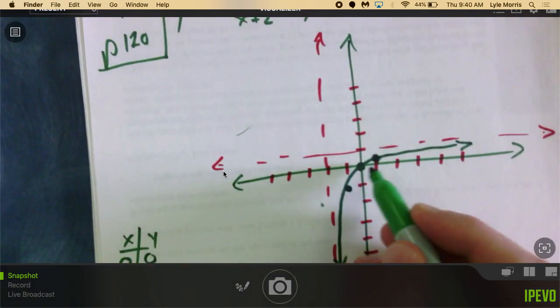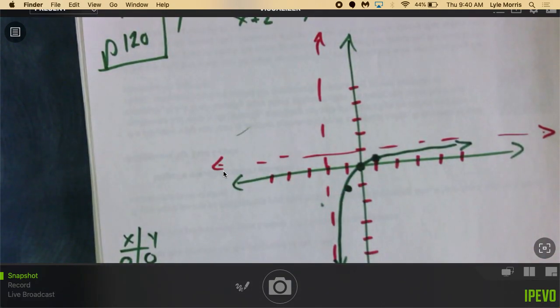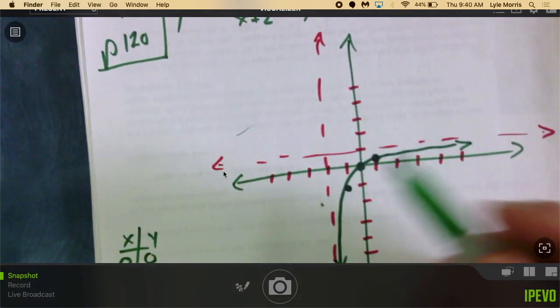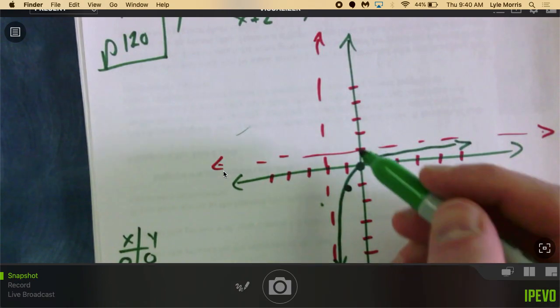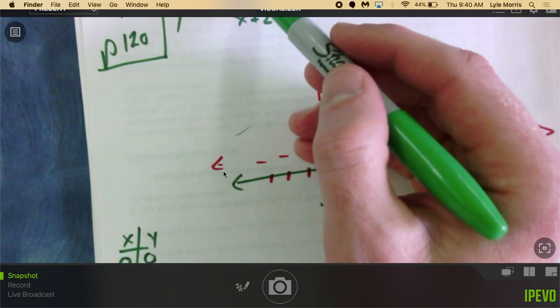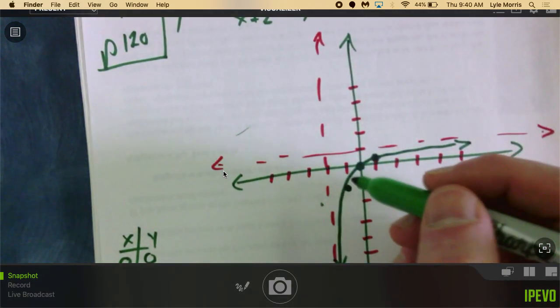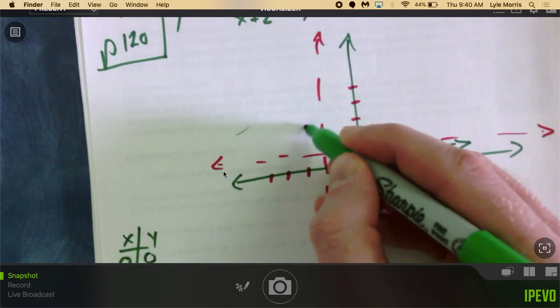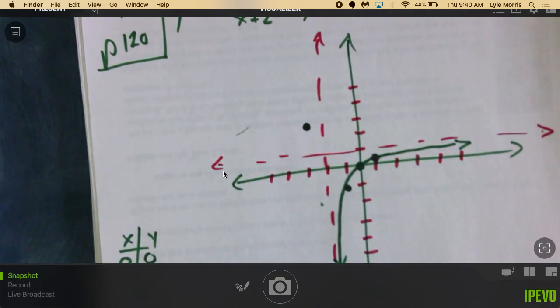So we have x, this is 1, 2, 3, where x is -3. So it's going to be -3 over -1. -3 over -1 is +3. And then 1, 2, 3. I'm going to pick one more.